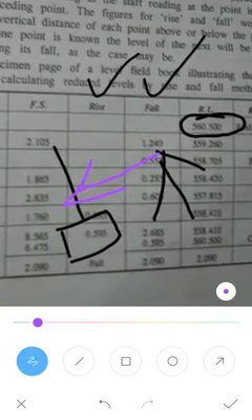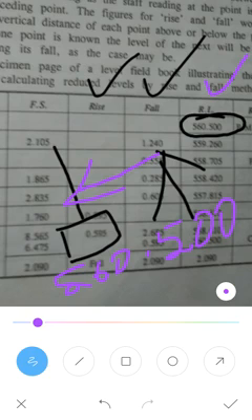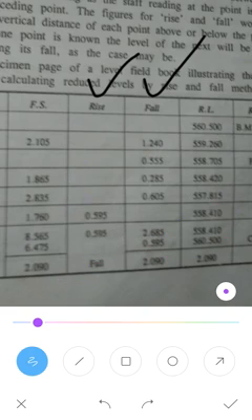That reading is 8.675. But the RL of this benchmark is 560.500. That is what has been given. Got it. So now your main objective is to find out the RL of each point.